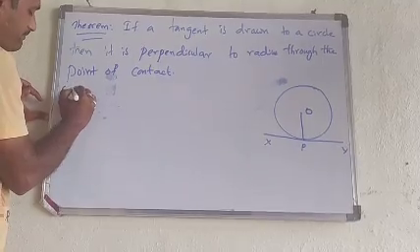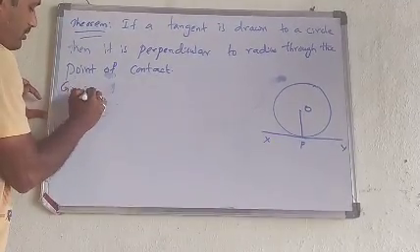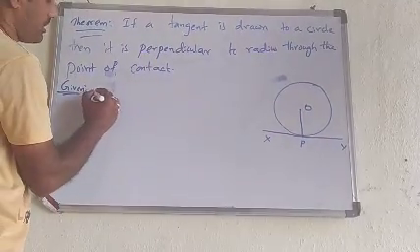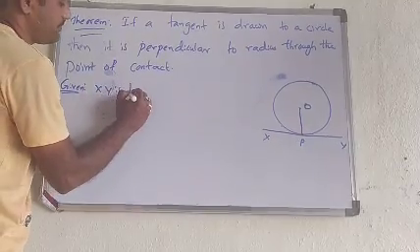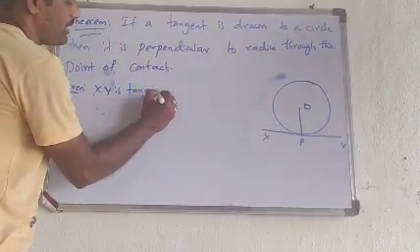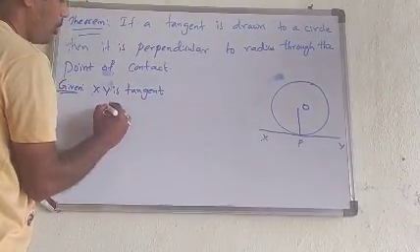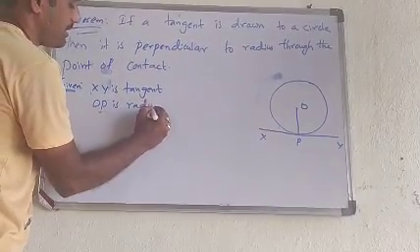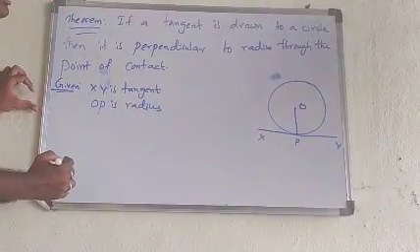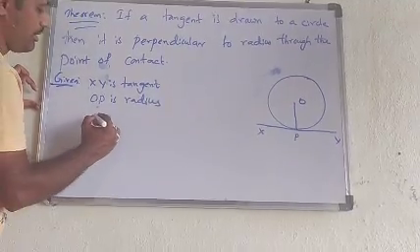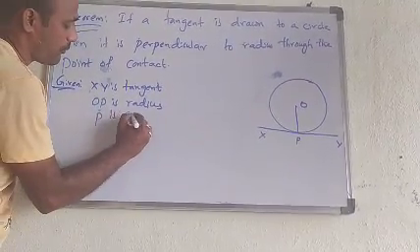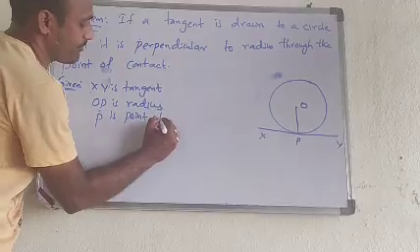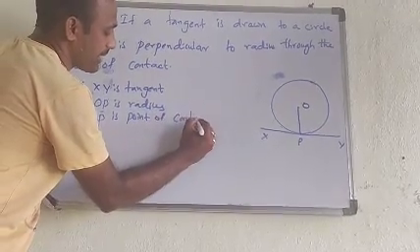So given, first, what is given in the question? XY is the tangent to a circle. OP is the radius. And P is the point of contact.